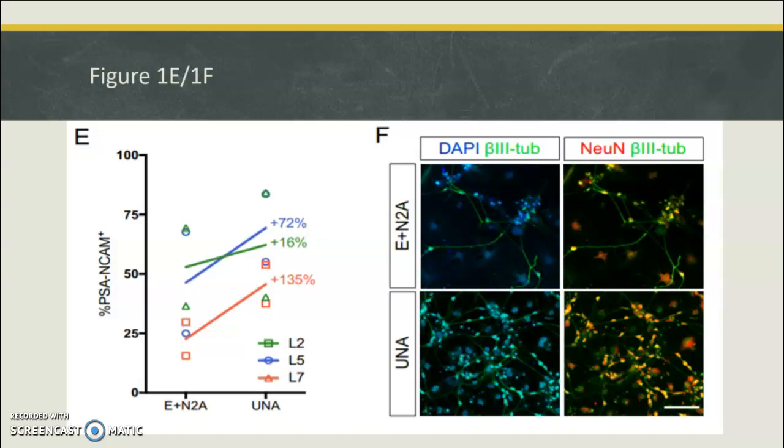And in fact, scientists were able to show that the new UNA-induced neuron construct were on average twice as likely to be positive for NEUN and beta-3 tubulin. This is just another factor that shows the increased efficiency of direct reprogramming by combining NGN2 and ASCL1 transcription factors in the same vector.